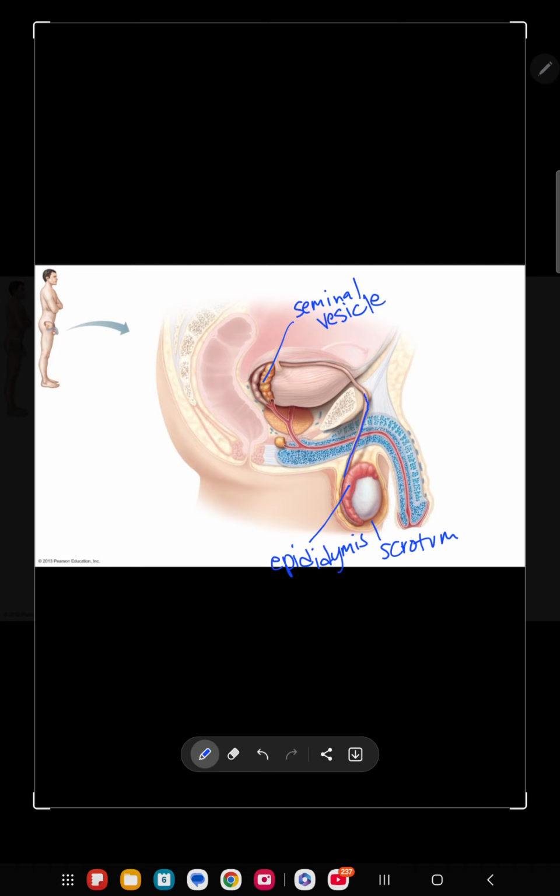And this duct that runs all the way to here, and widens right here, is called the ductus deferens. And where it widens in the urinary bladder is the ampulla of ductus deferens.